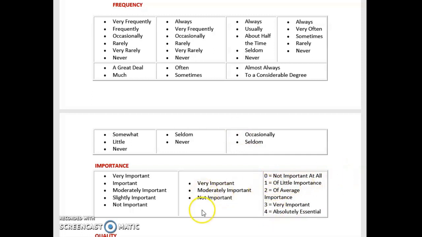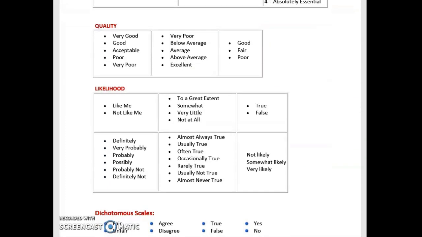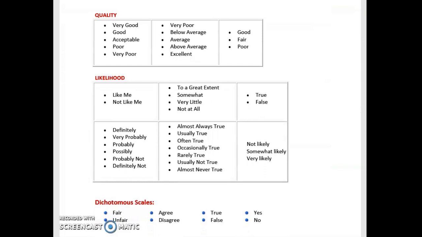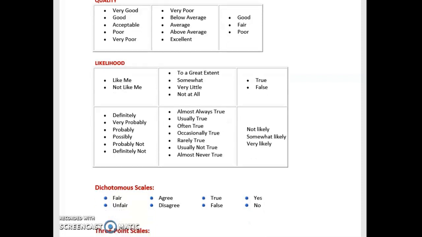So these are the scales, and these are the measurement scales, 1, 2, 3, when you are giving the number. And here you can see the quality: very good, acceptable, poor, very poor. Likelihood, how much you like it: almost always true. So here you have 7 scales. So you have something called 2 scale, 3 scale, 5 scale, and 7 scale.